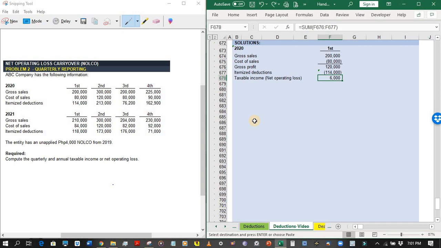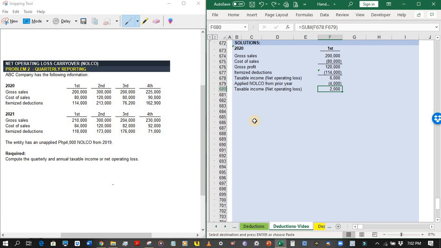After we deduct the NOLCO, our remaining taxable income is 2,000 pesos. This is the taxable income for the first quarter of 2020.